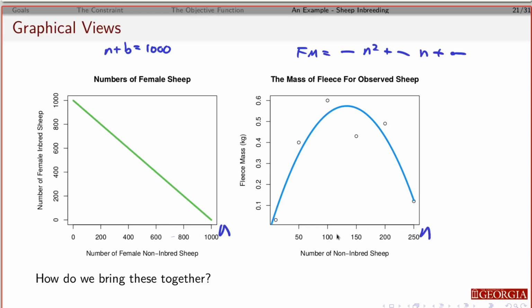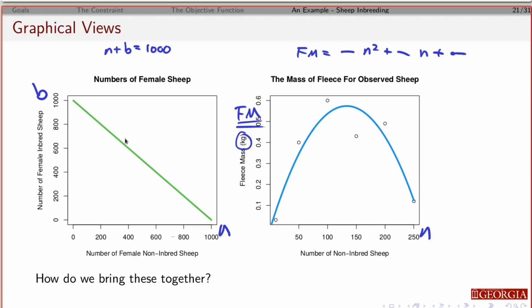That's fine. Those are the same, so I can compare those. That's the number of inbred sheep, though. That's b, right? This is the number of sheep here on the left. On the right, what is this? This is the fleece mass, right? This is how much fleece I'm getting here. This is kilograms. So there's no way I can just superimpose this and try to make any sense, right?